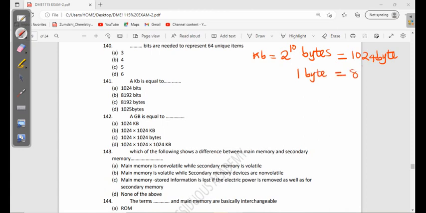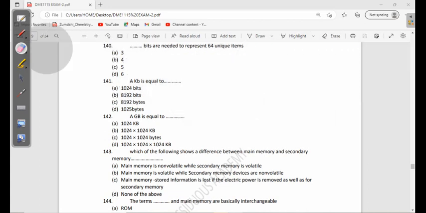142. A GB is equal to 1024 KB, 1024 times 1024 KB, 1024 times 1024 bytes, 1024 times 1024 times 1024 kilobytes. What do you think? So we know that 1 KB is equal to 2 to the power 10 bytes. And then after a KB we have a megabyte.